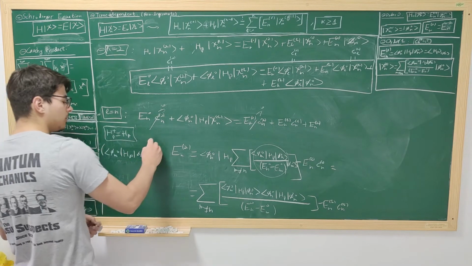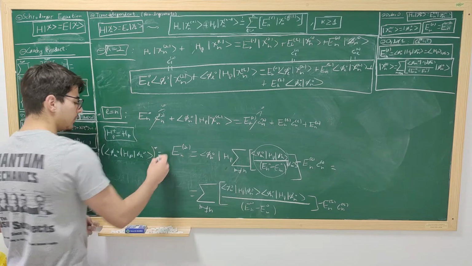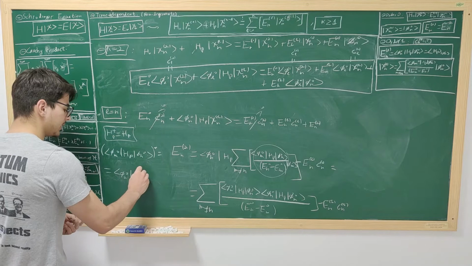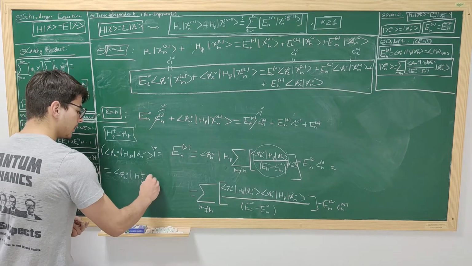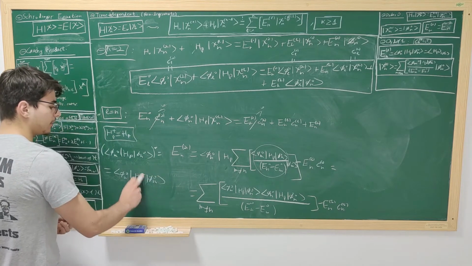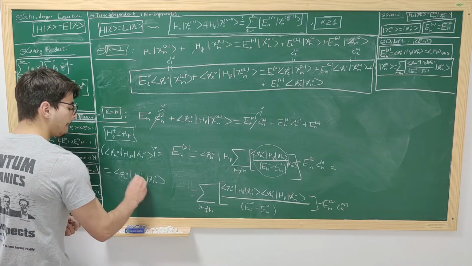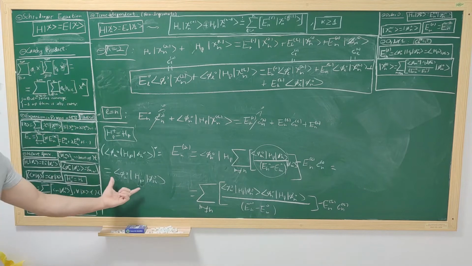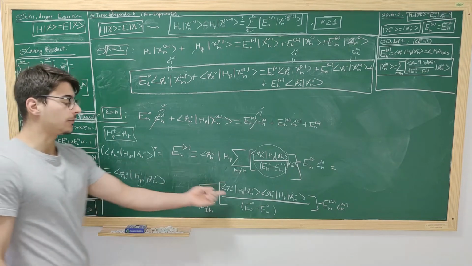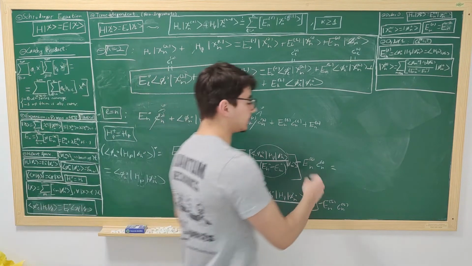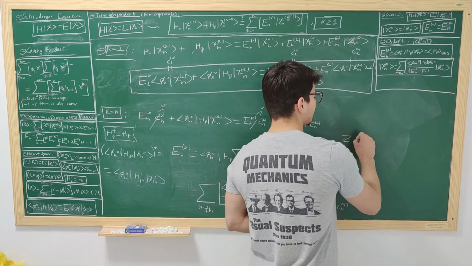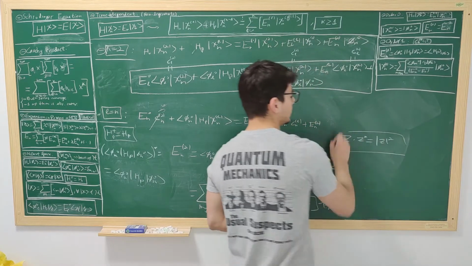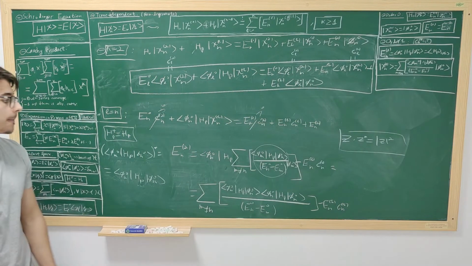And let me just take the complex conjugate. Then we just have to invert the order, right? Take the dagger here and put this one here. But because HP is equal to HP dagger, we just get this. But this is the same expression as this one. So this is the complex conjugate of this one. And we know that in general, in complex numbers, if we have C times C, the complex conjugate, we just get the modulus squared.